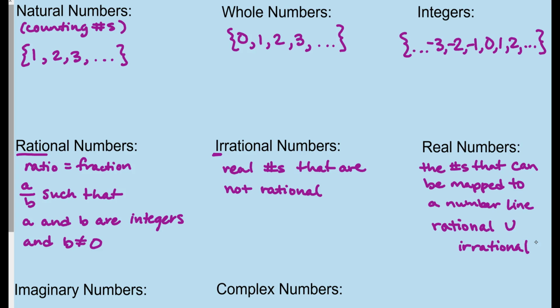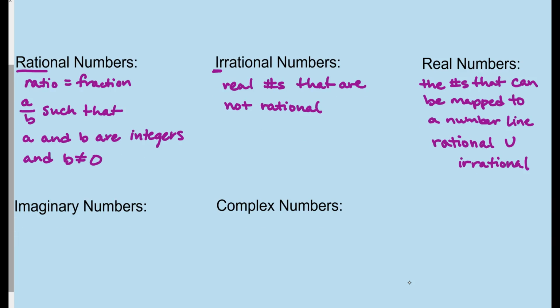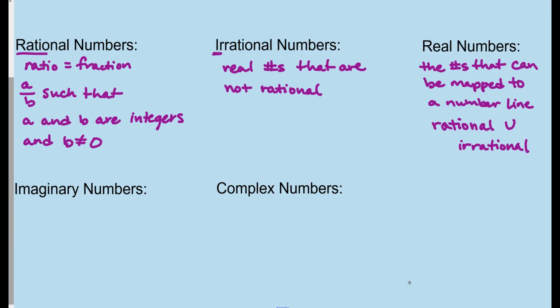Okay, and then our last two sets of numbers are imaginary and complex. And it's very common for us to use these two words interchangeably, but technically they're not exactly the same. So complex numbers could be real or imaginary.